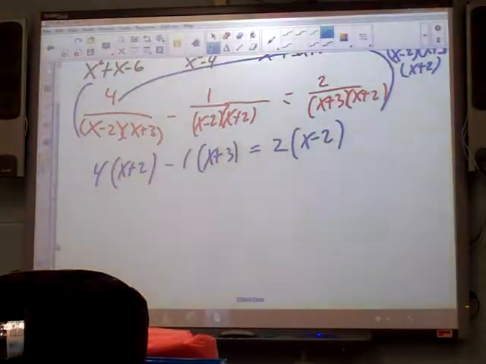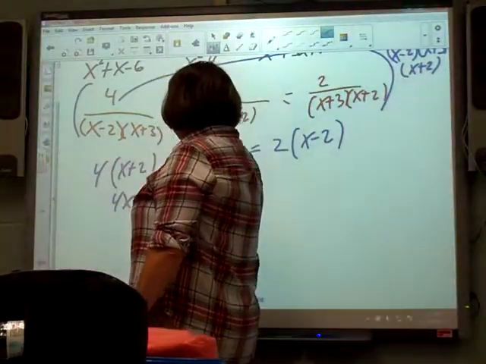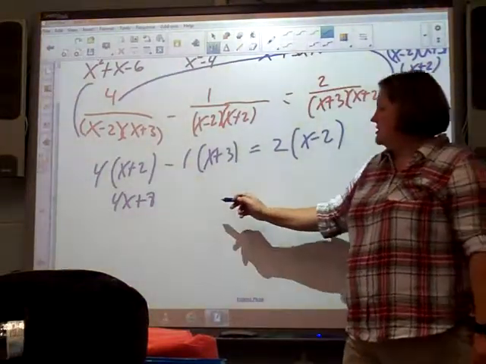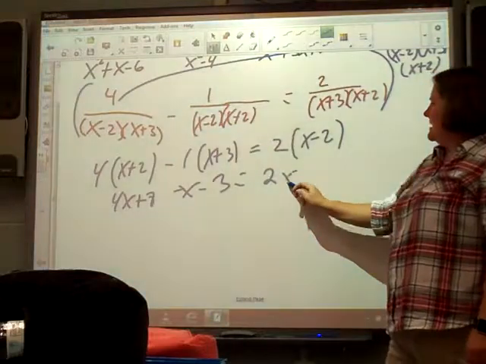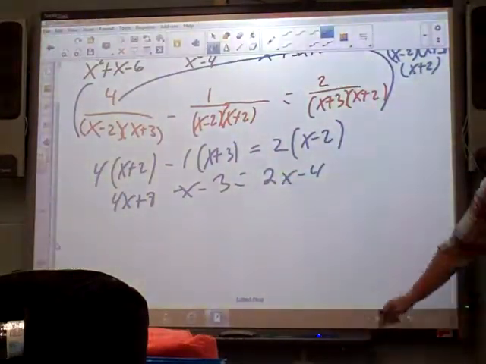Now you got lots of distributing and cleaning up to do. 4x plus 8. When I got a minus 1 here, I'm just distributing the negative, just changing the signs. Minus x minus 3 equal to 2x minus 4. Still got some like terms over there on the left to clean up.